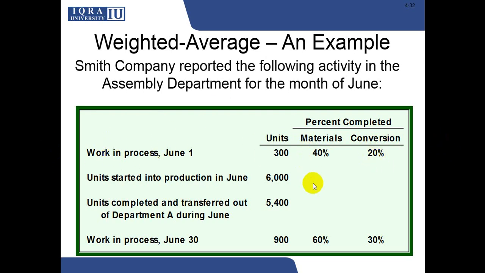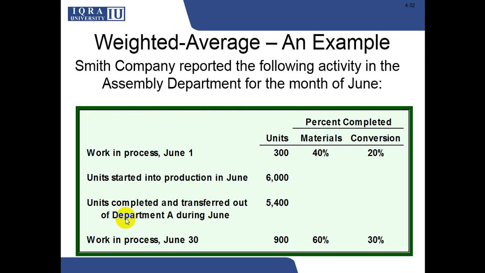In this example we don't need to work on the beginning work in process. We need to calculate these two terms: the units completed and the ending work in process, right? If we want to calculate the equivalent units of production, we will consider two things. One is the units completed and transferred out. Now we are talking about units, not cost, right?